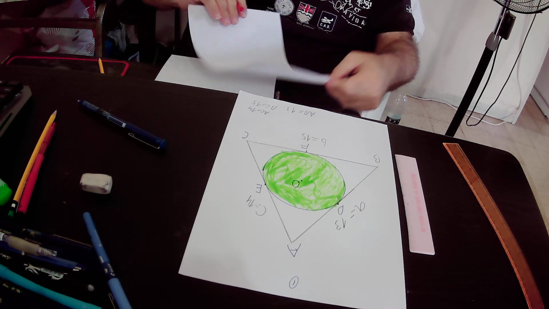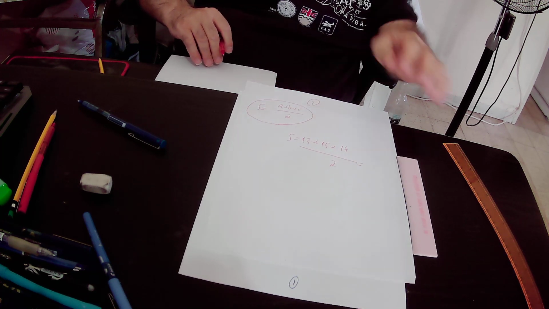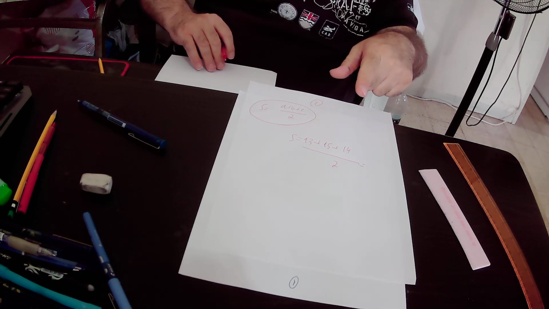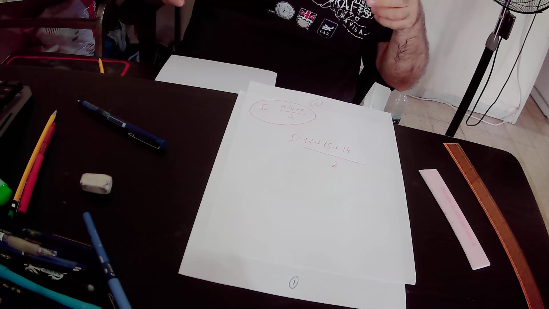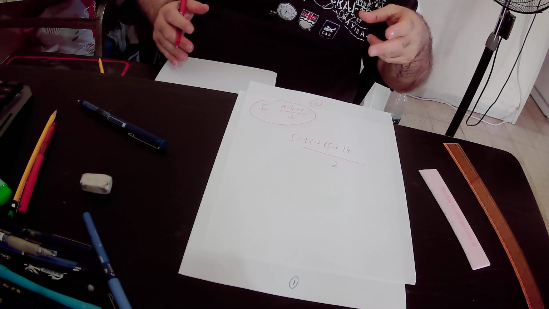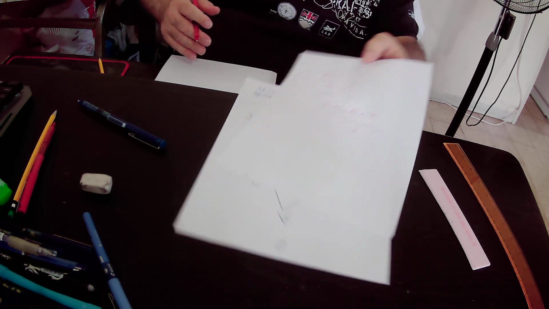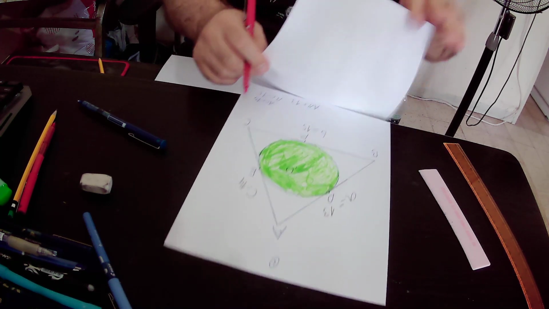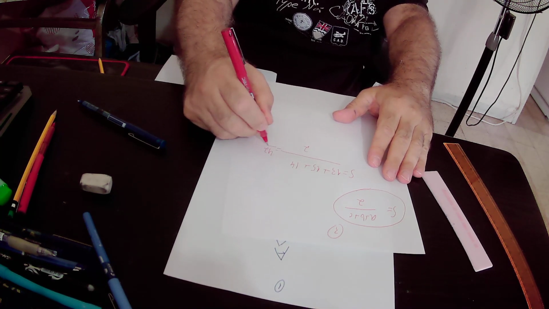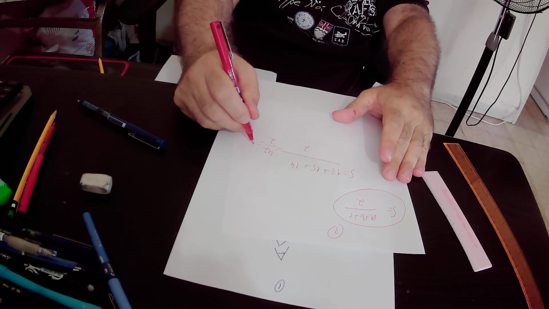So the value of the semi-perimeter of our triangle ABC equals 13 plus 15 plus 14 over 2. 13 plus 15 is 28, and 28 plus 14 is 42. So in total we get that the semi-perimeter of our triangle ABC equals 42 over 2, and 42 over 2 is 21.